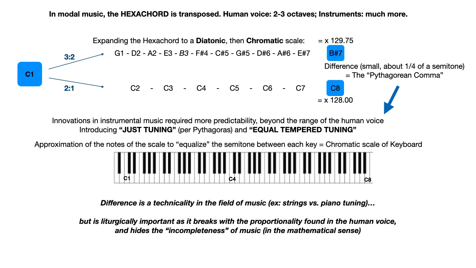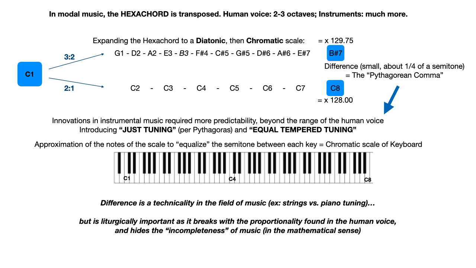And that made modal music theory quite complicated and a little bit hard to control. And musicians like to control things. So to continue innovating in instrumental music, to have more predictability beyond the range of the human voice, the equal temper tuning was introduced in opposition to the just tuning, which would have been the tuning of Pythagoras.